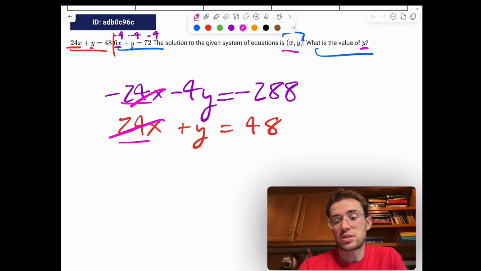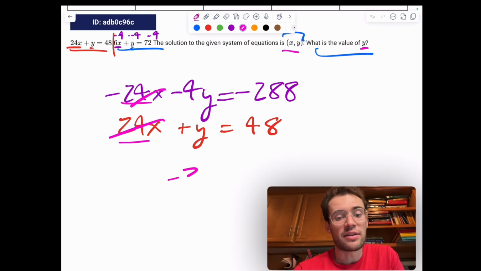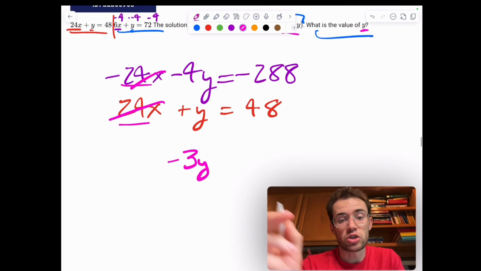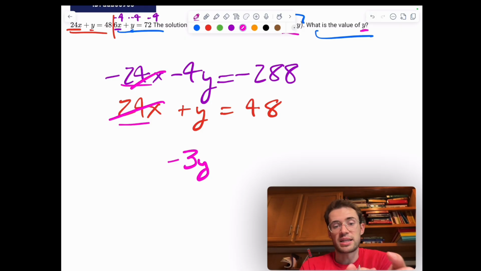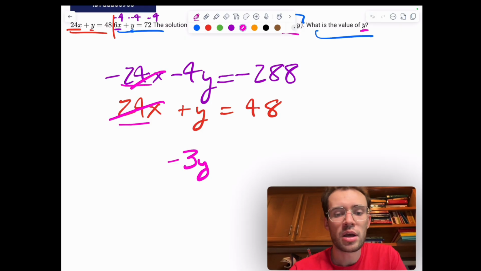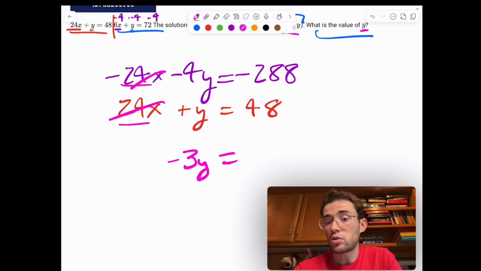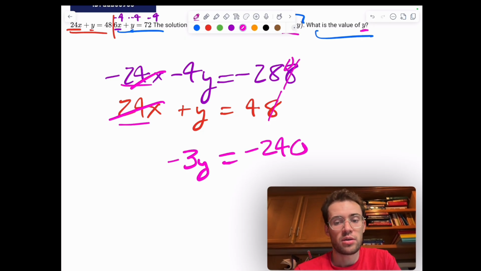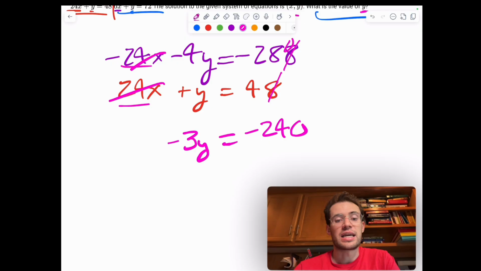Negative 4y plus positive y gives you negative 3y. Negative 288 plus 48, you're bringing it closer to 0. The 8 will bring it to negative 280, and then adding 40 to negative 280 gives you negative 240. So we get negative 3y equals negative 240.